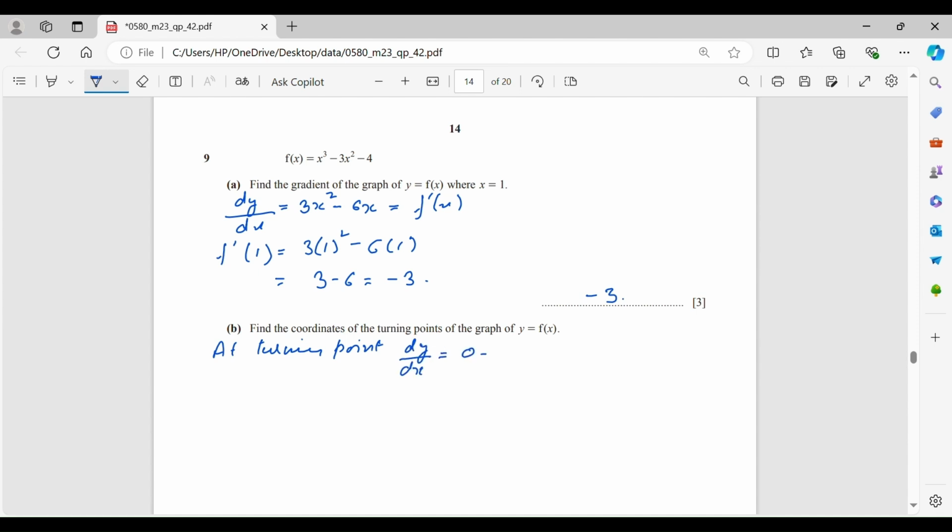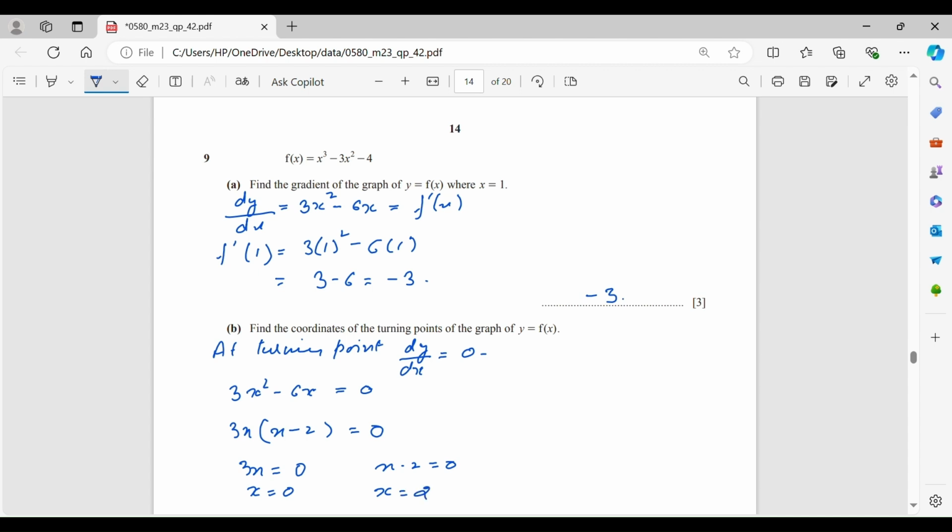So here it will be 3x square minus 6x, this will be equal to 0, right? So common factor is 3x, x minus 2, this is equal to 0. So 3x will be equal to 0 and x minus 2 will be equal to 0. Now x will be equal to 0, here x will be equal to 2.